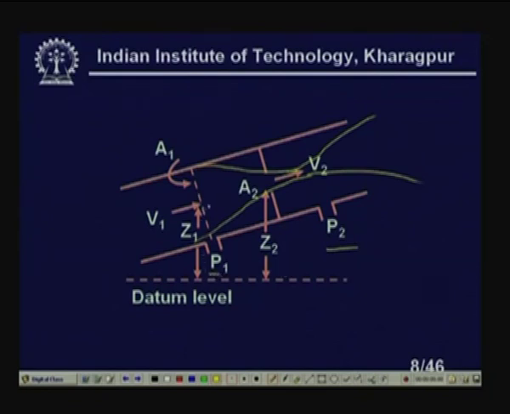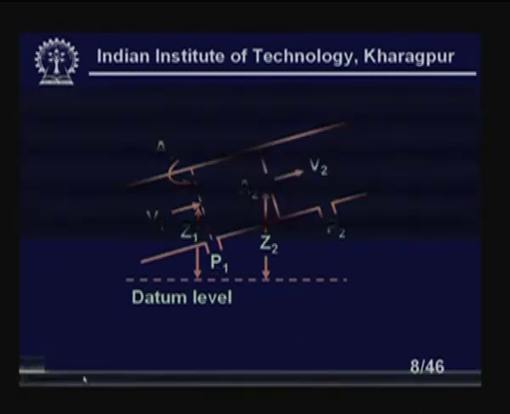Z1 and Z2 are the heights of the central point of the cross section of the pipe, at the point of measurement of upstream pressure and at the orifice plate. So we are calling them Z1 and Z2. Let us go back.